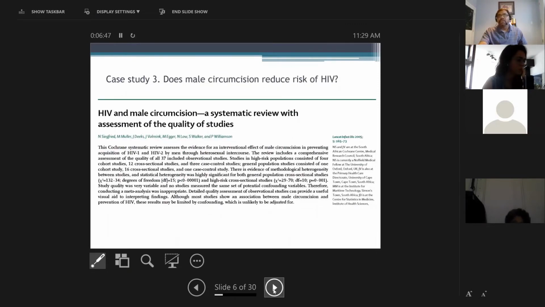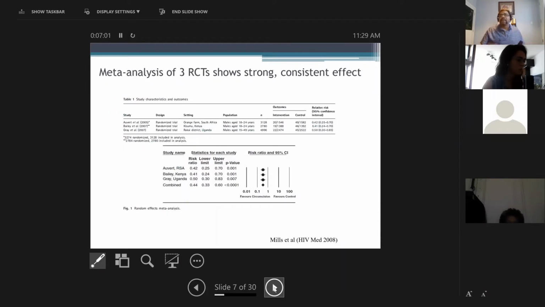And then I already showed you the male circumcision meta-analysis. There were a whole bunch of observational studies. Nobody knew whether this was confounding or not, and the field could never agree on whether circumcision was beneficial. And then 3 randomized control trials came out, and you meta-analyze them. They all line up beautifully, right? This is a meta-analysis which I've virtually never seen.